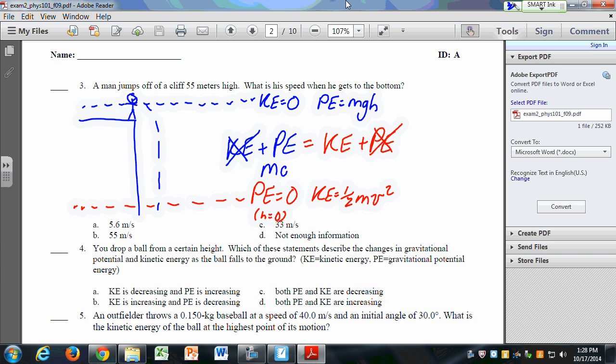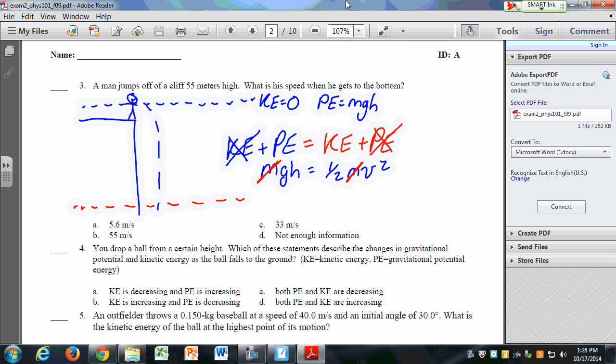I have mgh equals 1/2 mv squared. I'm going to erase these things down here at the bottom. Notice my masses cancel, as is always the case unless you're dealing with springs, and I'll show you a spring problem in a second.